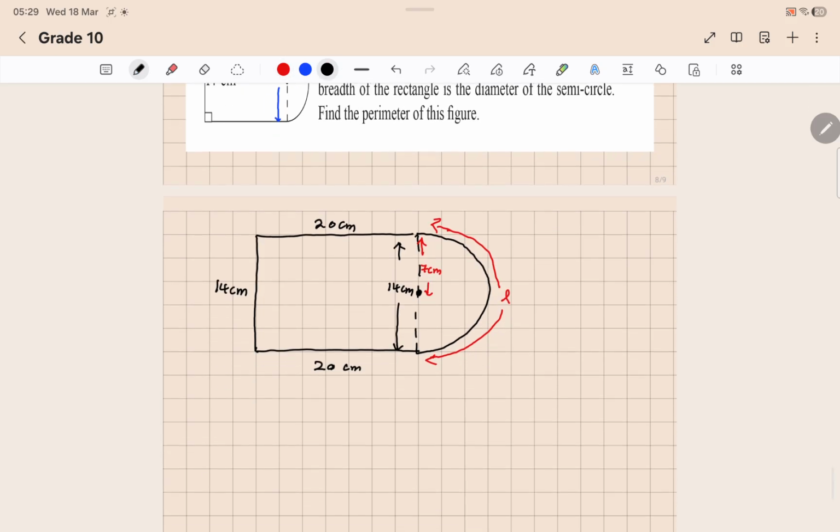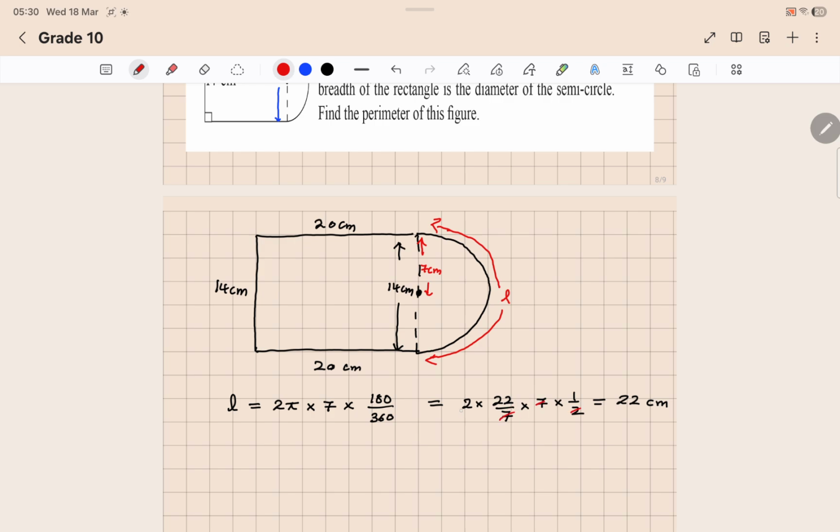So let's figure out the arc length of the semicircle. L is 2 pi r, radius is 7, half a circle, 180 over 360, or multiply by half. So 2 times 22/7 times 7 times half. The 7s cancel, the 2s cancel, you get 22 centimeters.